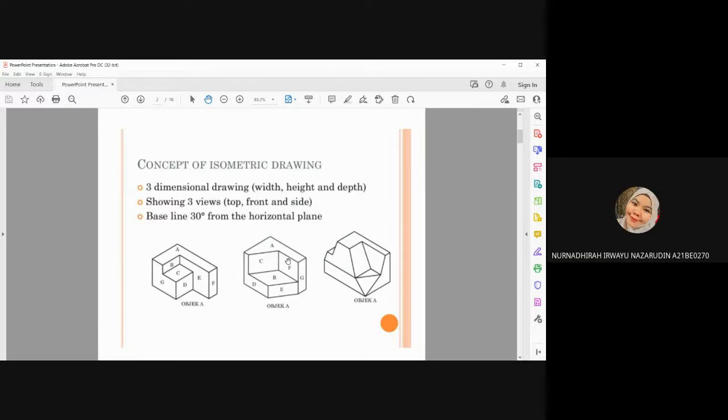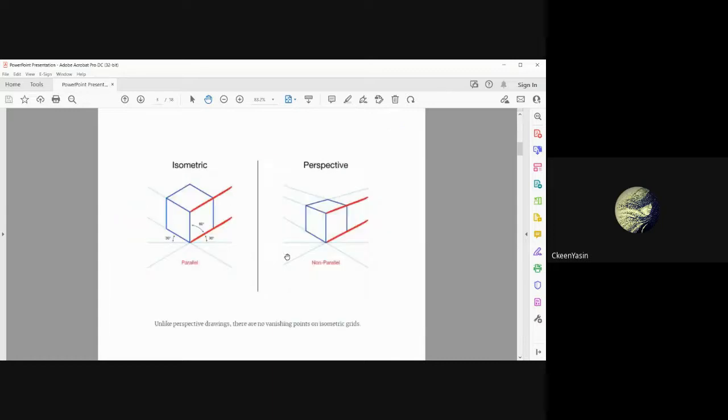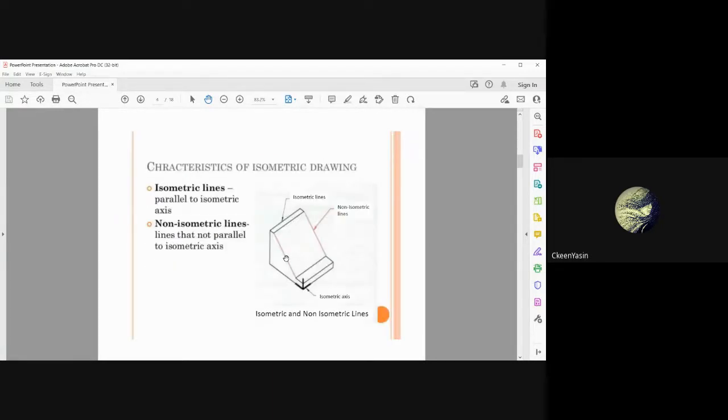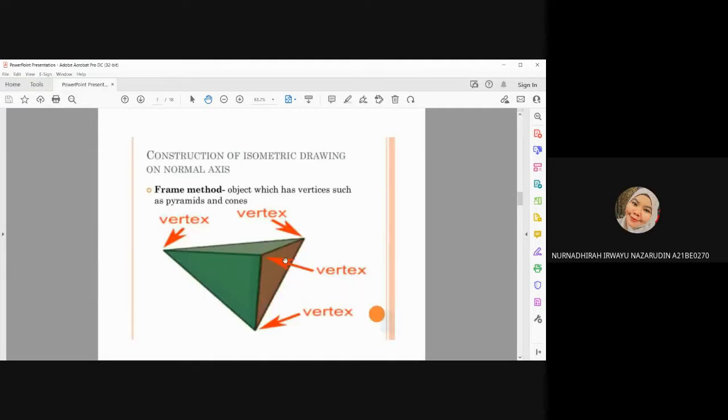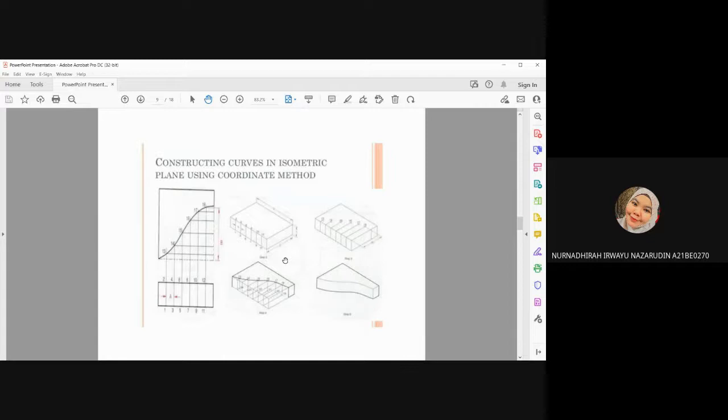Madam, for the curvy line, the number, or what is it called? The coordinate. Do we base it on the ruler or something? No, you have to do it manually. But there is a tool, though people seldom use it.